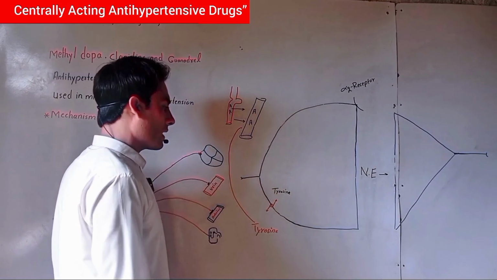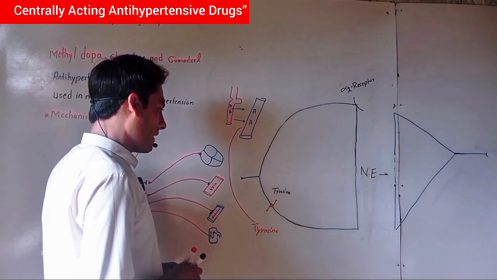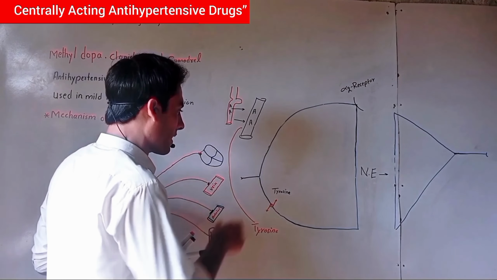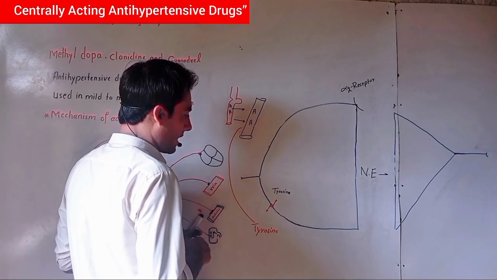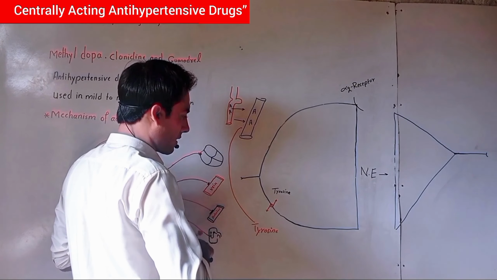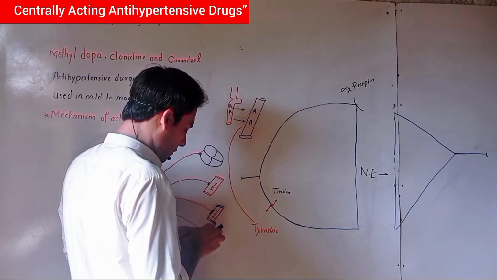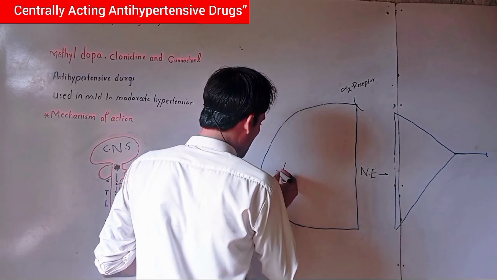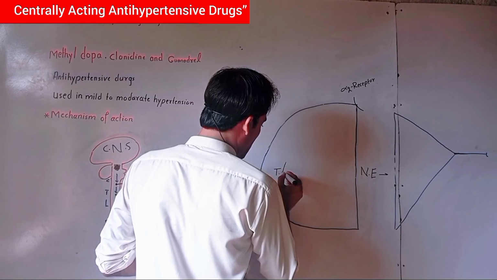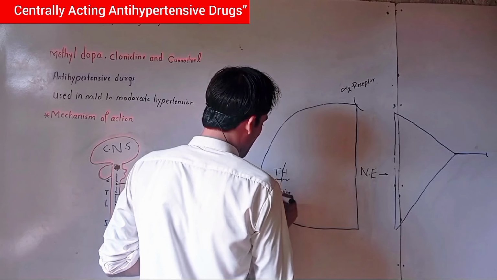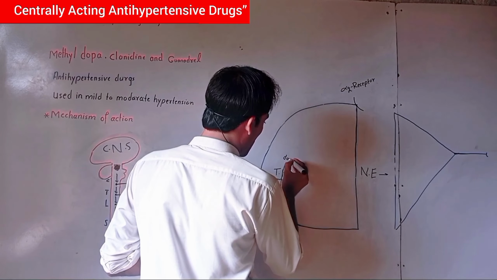Once the tyrosine enters the nerve ending and is concentrated within it, then an enzyme comes into action and works on tyrosine to convert it into dopa. The enzyme is tyrosine hydroxylase, which converts tyrosine into dopa.